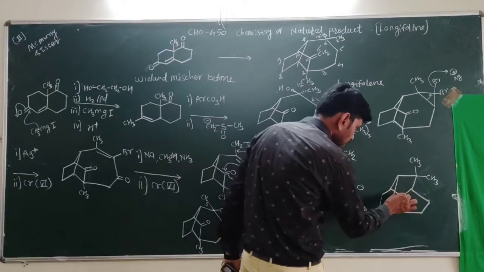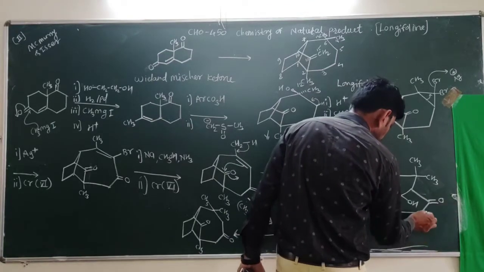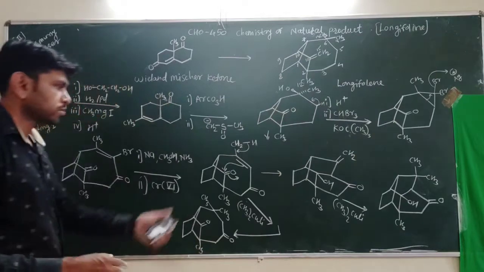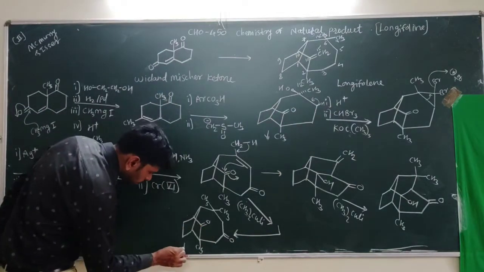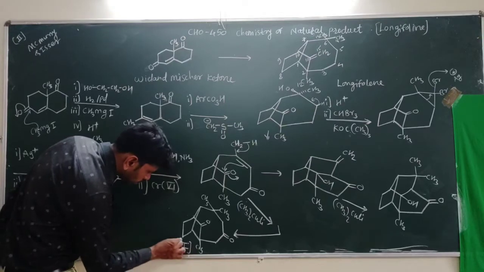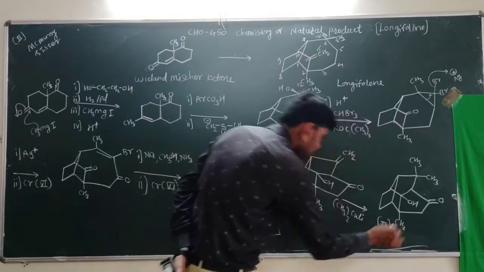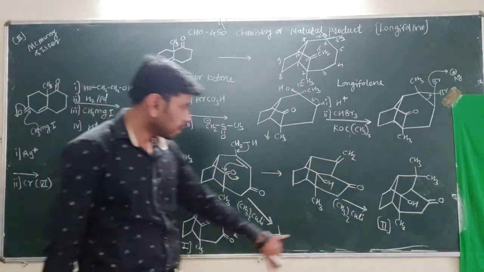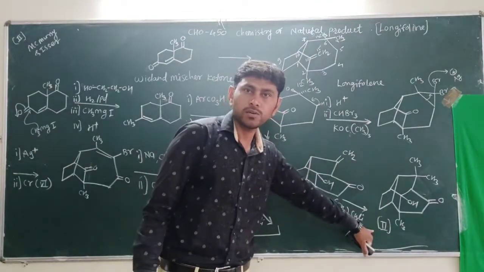This bond attached here, OH, here double bond O, and CH3 remains as it is. Okay, so this product we obtain. Now call it first or call it second. Call it second. Now the first product formed readily converts into the second one.